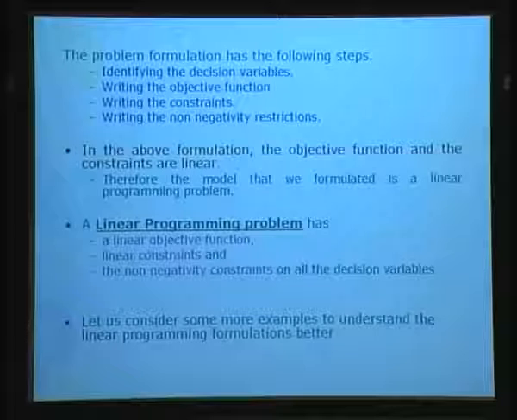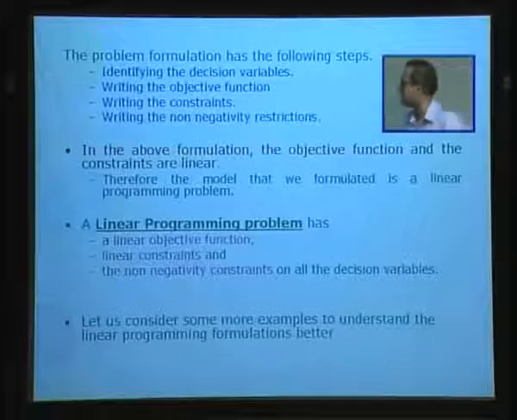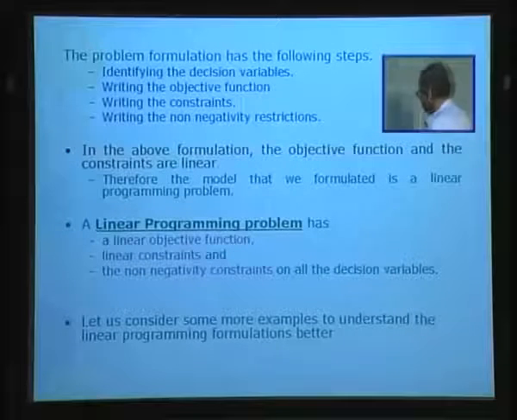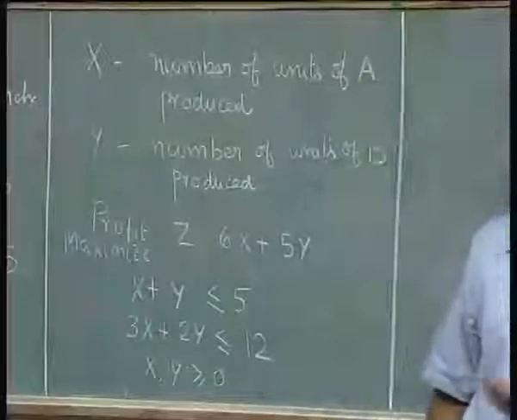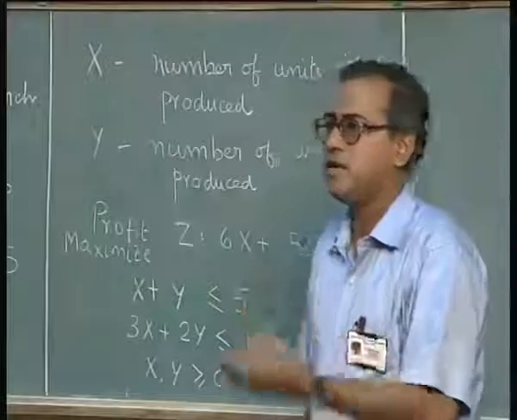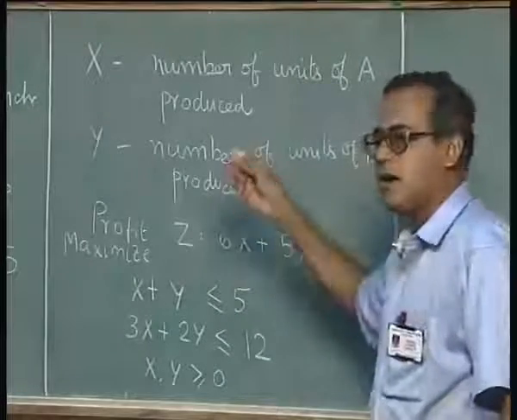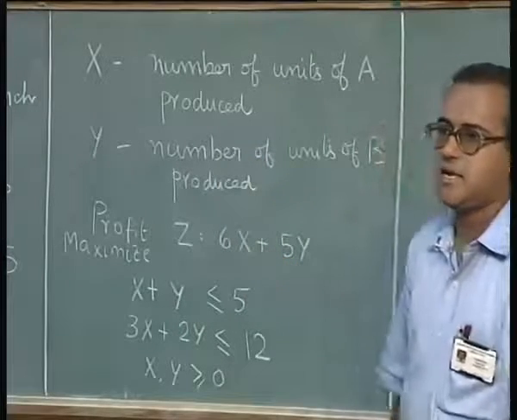So an important requirement of a linear programming formulation is that the objective function is linear, the constraints are linear, and we explicitly state that the non-negativity restriction holds. So these are the three important aspects in a linear programming problem. If either the objective function is non-linear, or the constraints are non-linear, or this does not exist, then it is not a linear programming problem.